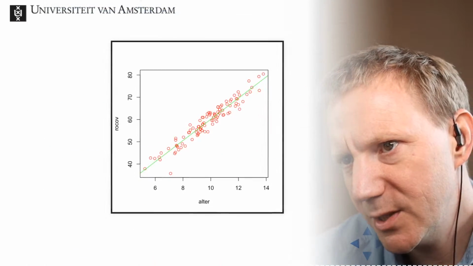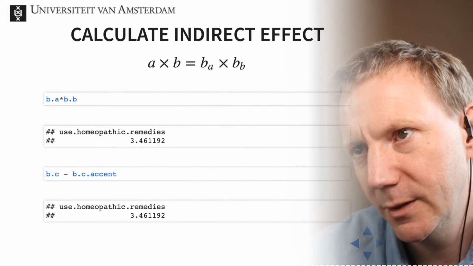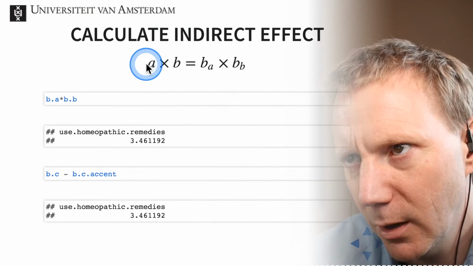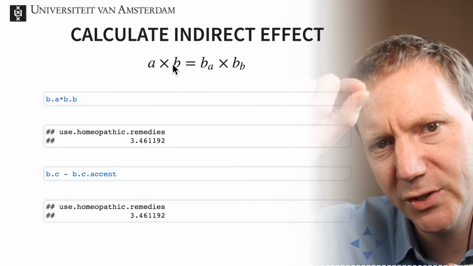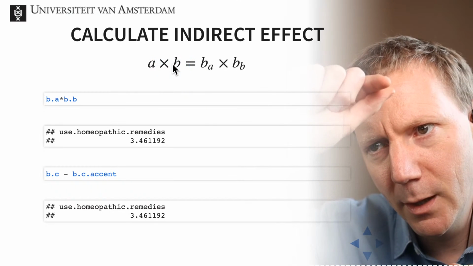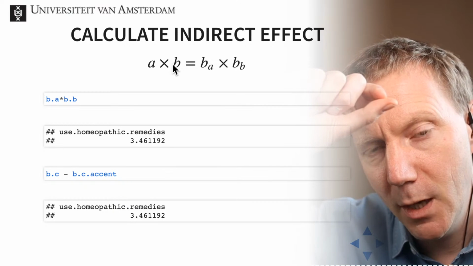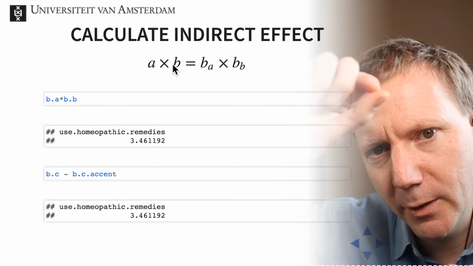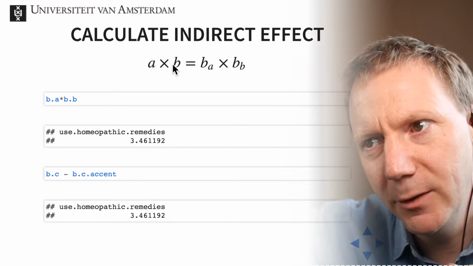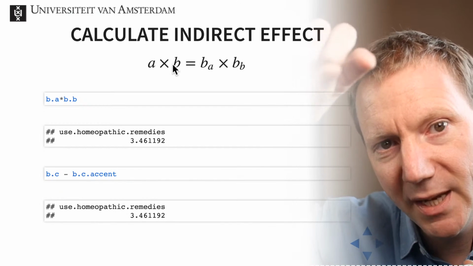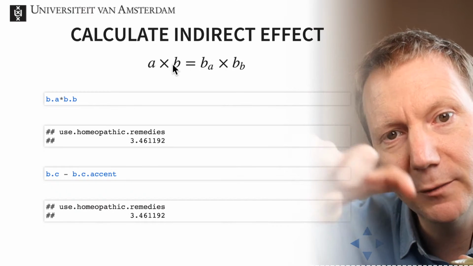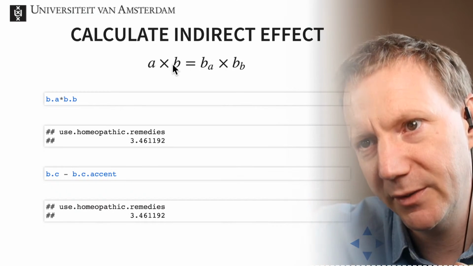What we're going to do is multiply these beta coefficients. So we're going to multiply A times B. So it's the beta coefficient of the predictor with the mediator, and then we're going to multiply that with the beta coefficient of the mediator with the outcome while correcting for our predictor.